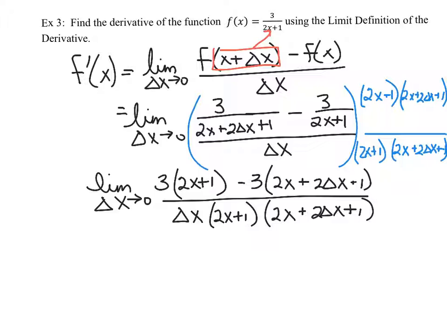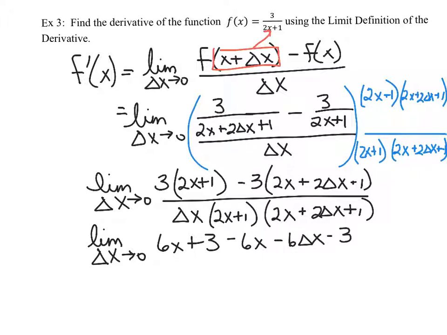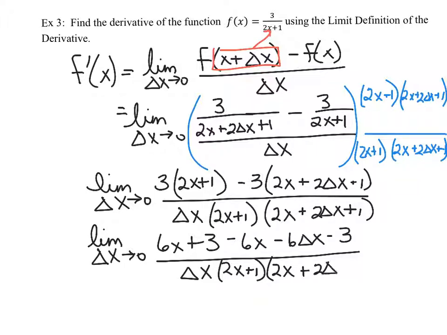So when I go ahead and distribute that numerator, I'm going to now have 6x plus 3 minus 6x minus 6 delta x minus 3 all over delta x times 2x plus 1 times 2x plus 2 delta x plus 1.